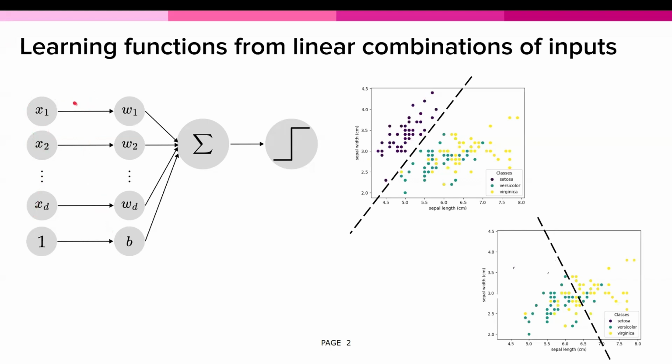The perceptron algorithm could handle the case of linearly separable data. So the Setosa class in the iris data set was linearly separable from the other two classes, versicolor and virginica.